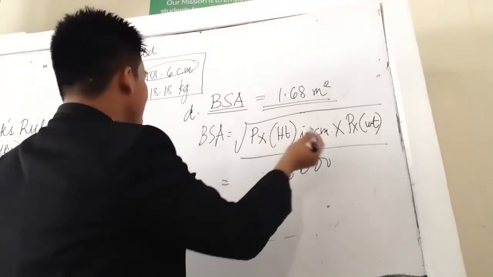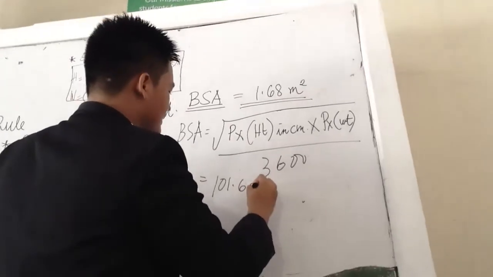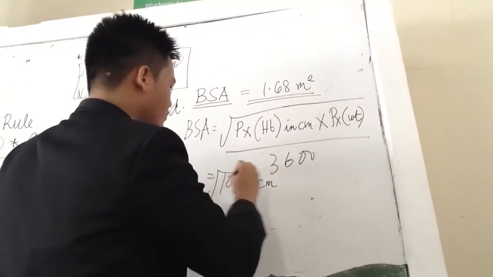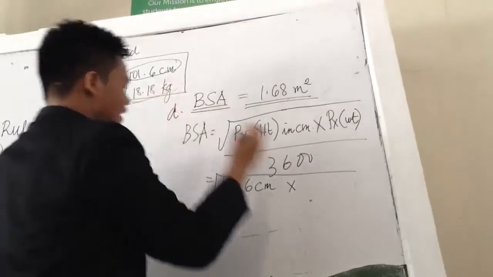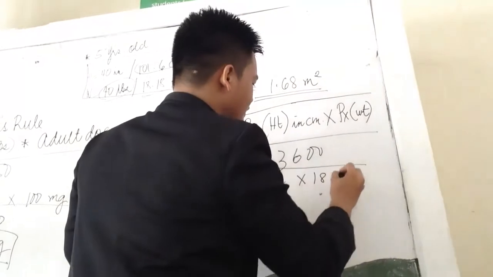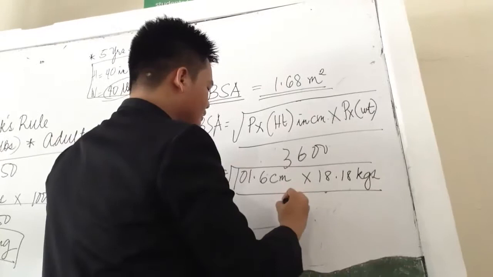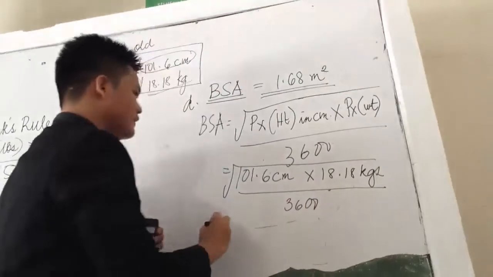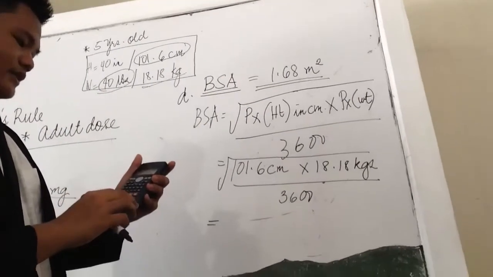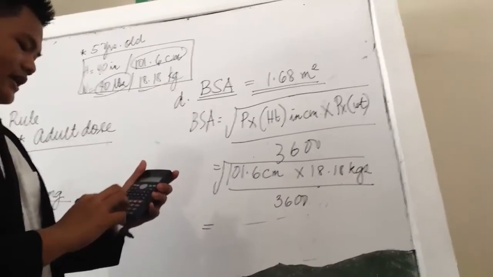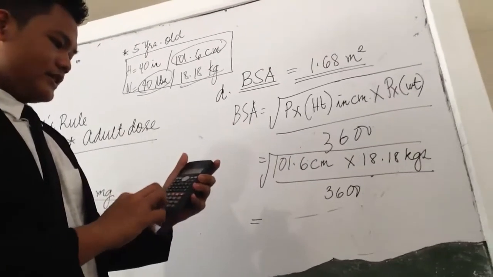The patient's height in centimeters is 101.6 centimeters times the patient's weight in kilograms, which is 18.18 kilograms, divided by 3,600. So let's solve. Square root of 101.6 times 18.18 divided by 3,600.